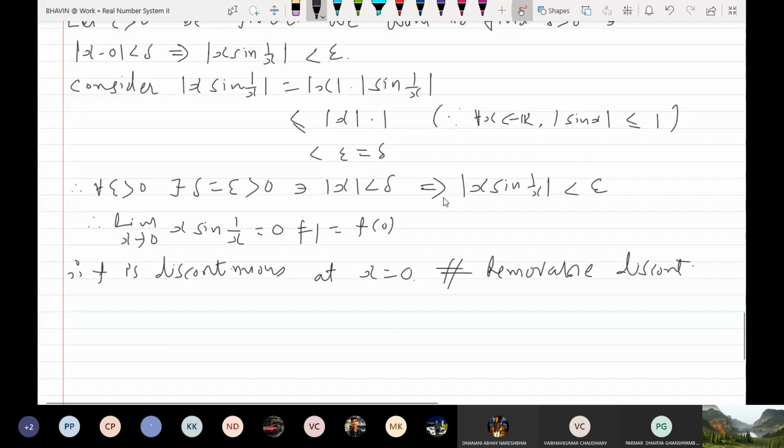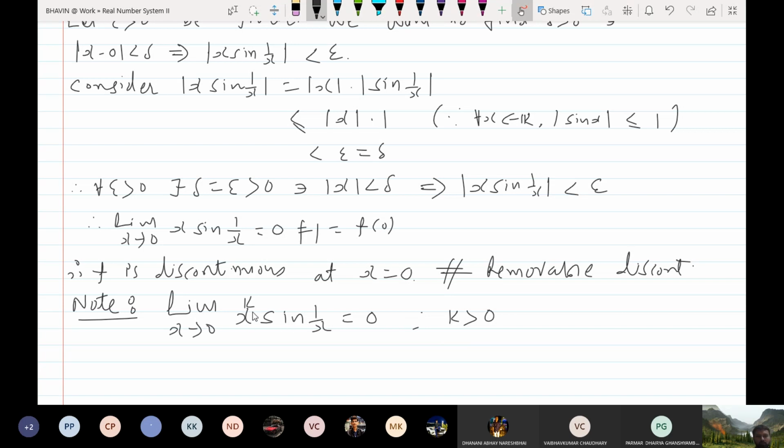So, in general, limit x tends to 0, x raised to k sine 1 upon x, this limit is 0 if k is greater than 0.